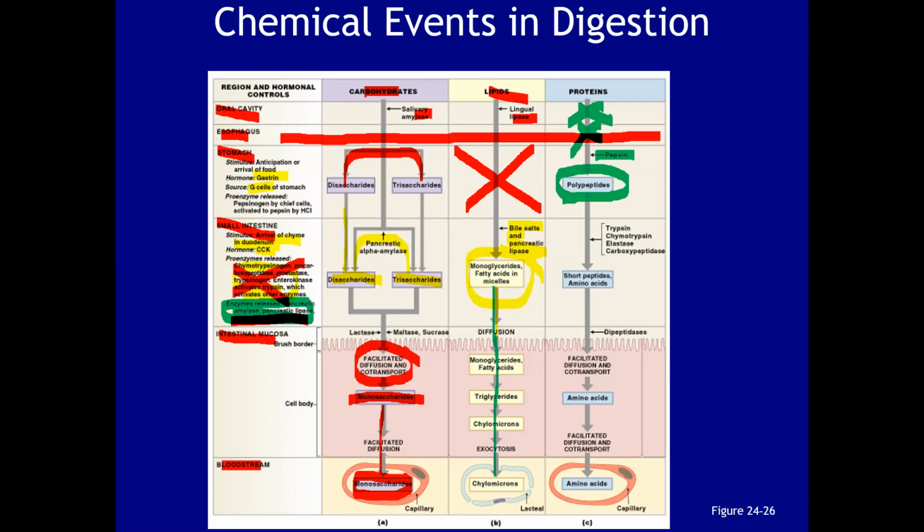Once we get to the small intestine, you have these substances that are then going to break down the polypeptides into short peptides and amino acids, which are then going to be further broken down and transported, but they're going to be broken down into their smallest component, amino acids, which are then going to enter the bloodstream. So just remember to take this apart, take it in small bites. You actually do know this information.